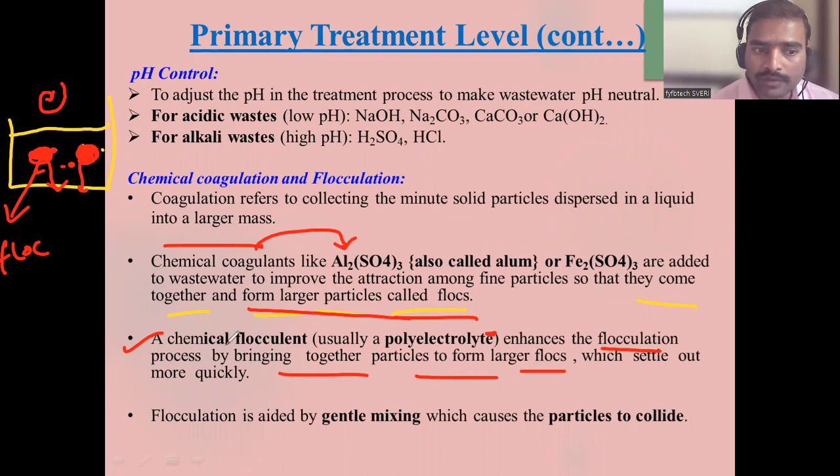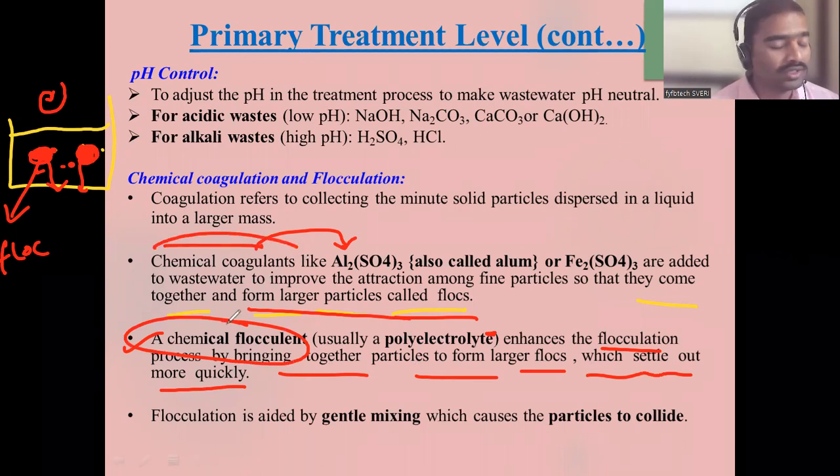In the chemical flocculant, which is used? Polyelectrolyte, which settles out more quickly. So the chemical flocculant is faster than the chemical coagulant.